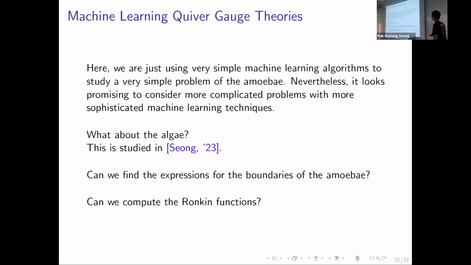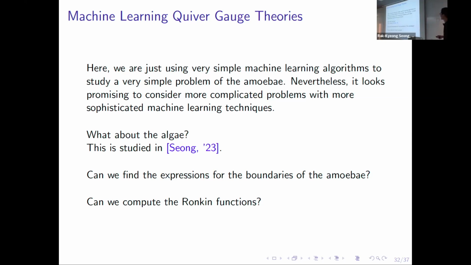So I have about 8 minutes. So I'm going to talk about something more general. Of course we can consider, say, what about the alga? And actually it's already studied by Rak in this paper, so you should ask him about what's being done in that paper.